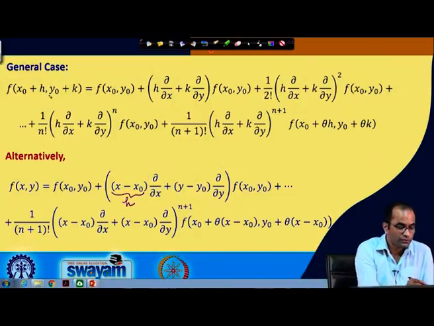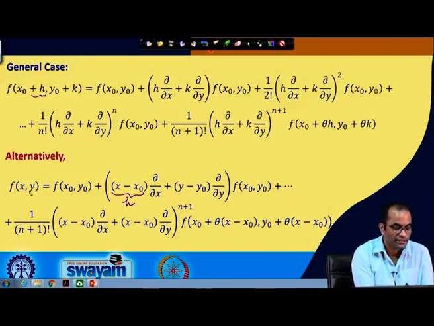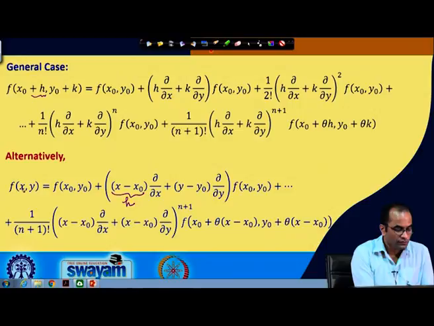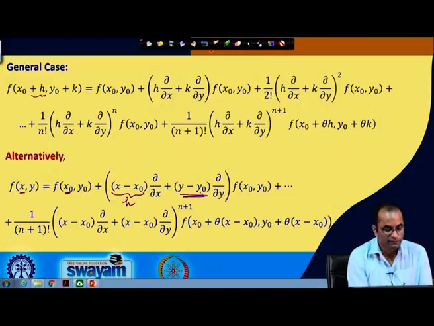So here also we have this h, because it was just the difference of x0 plus h and x0. That h was appearing there, but when we take a point (x, y) in the neighborhood of (x0, y0), then instead of h we write the difference of x and x0, so x minus x0, and similarly y minus y0 for k, and so on.